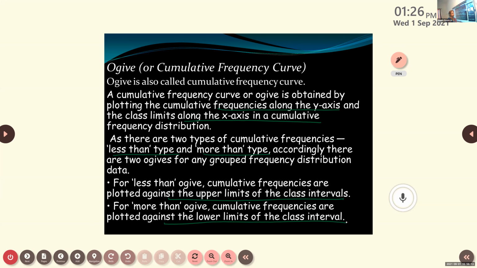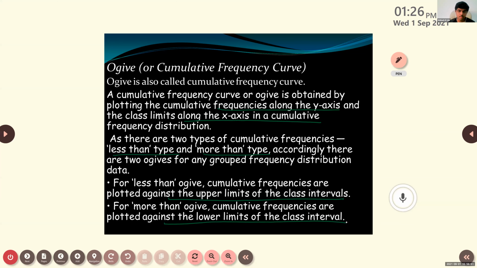The cumulative frequency curve will be constructed with the frequencies on the y-axis and the class limits on the x-axis. There are two types of cumulative frequencies, less than type and more than type, or less than ogive and more than ogive. For less than ogive, when we are marking the frequency, which class limit are we using?